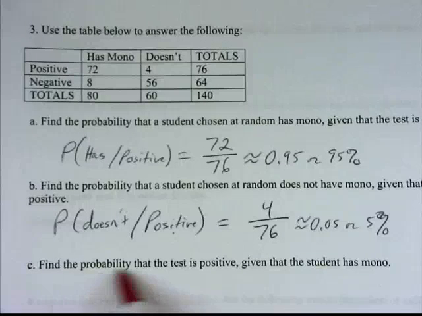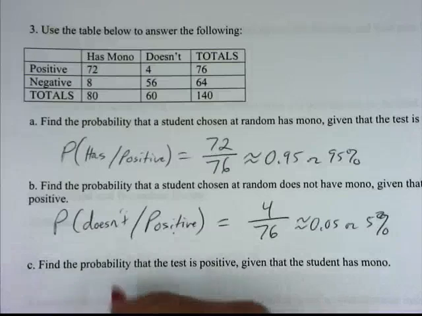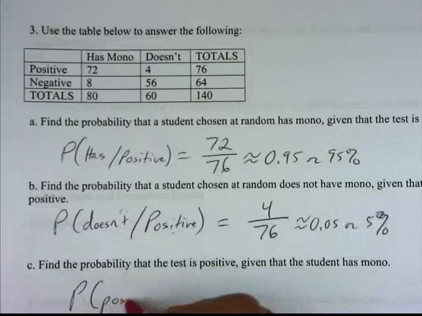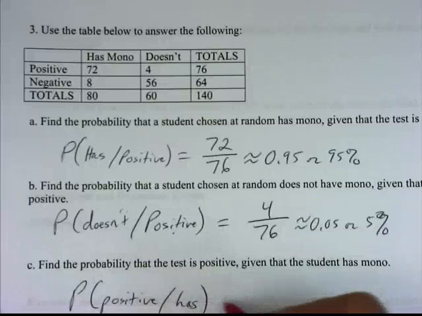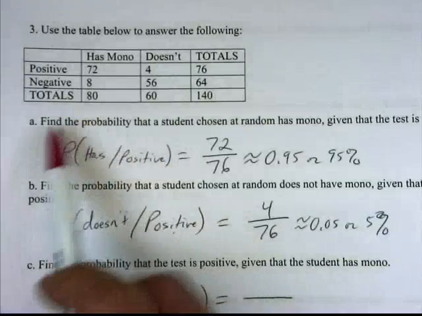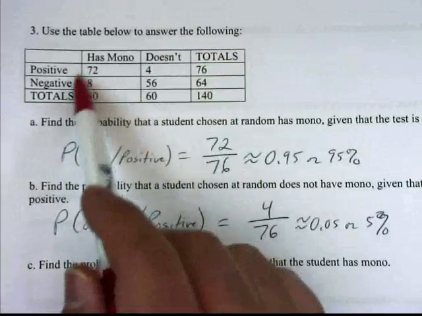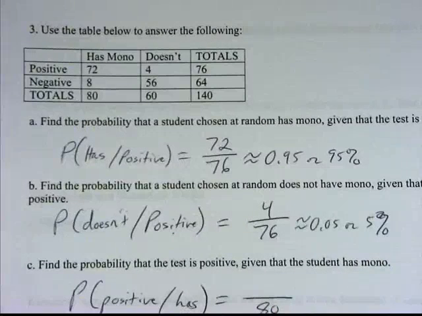And lastly, find the probability that the test is positive given that the student has mono. Again, we're going to start with how many students have mono, and there are 80 students total that have mono. So that's our new sample space.